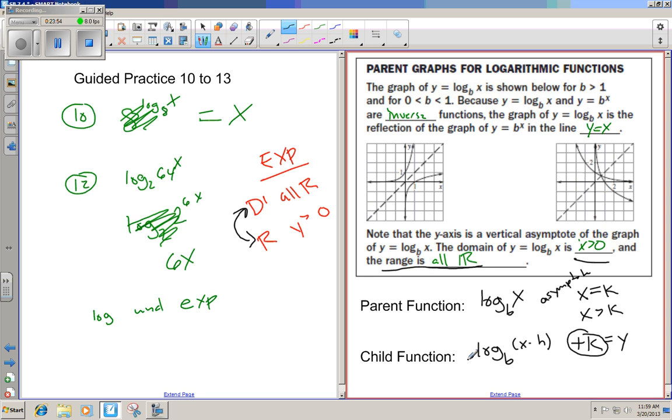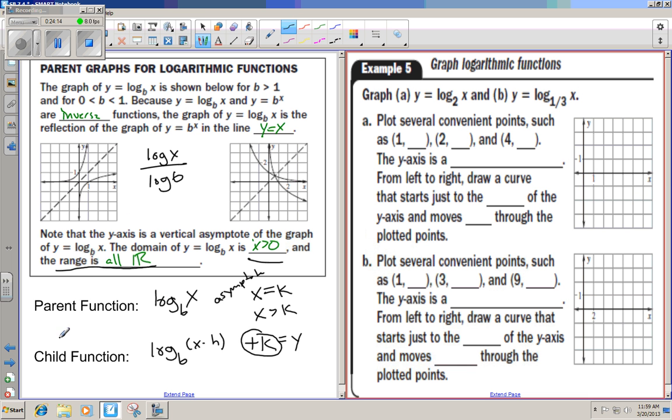It could be less than k if there was a negative, but we'll see how that works out in a second. You're still just going to graph it in your calculator. You may need to remember that you have to use the change of base formula in order to graph using your calculator. So let's look at some examples.